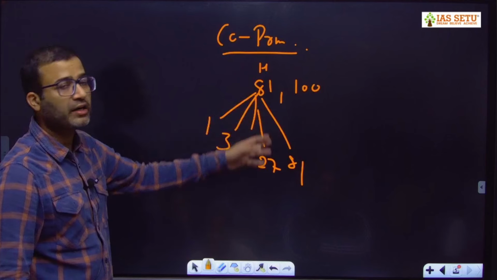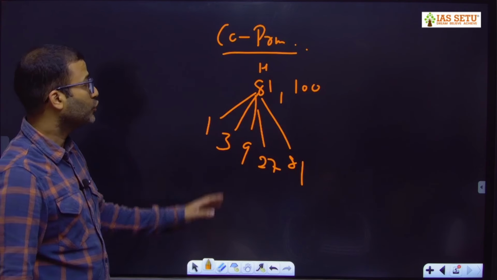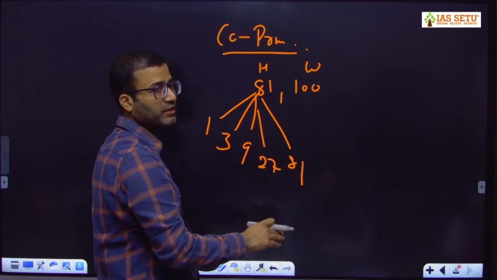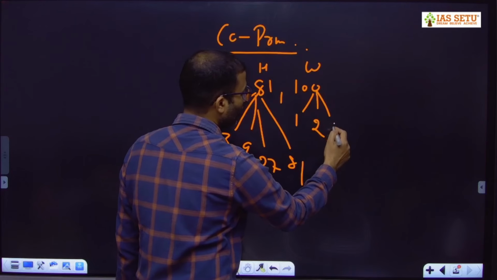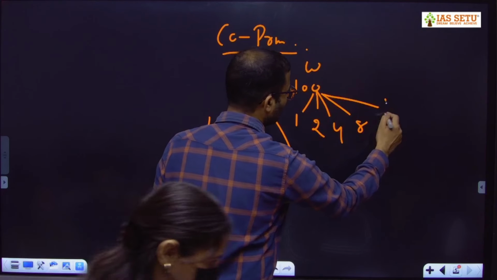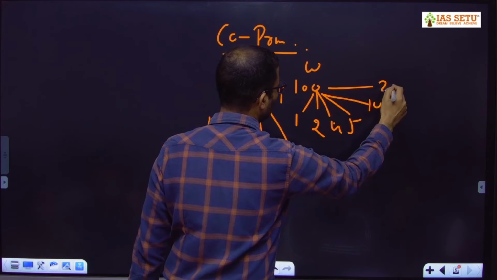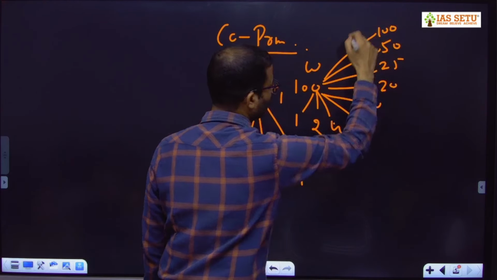So these are the factors of 81, meaning these are the relationships of the husband. The wife says, if you have this many relationships, no problem. See, my relationships are with 1, 2, 4, 8, 5, 10, 20, 25, 50, 100.